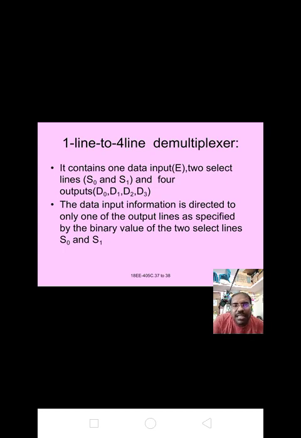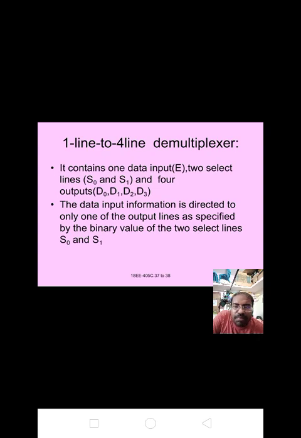It contains one data input E and two select lines S0, S1 and 4 outputs D0, D1, D2, D3.